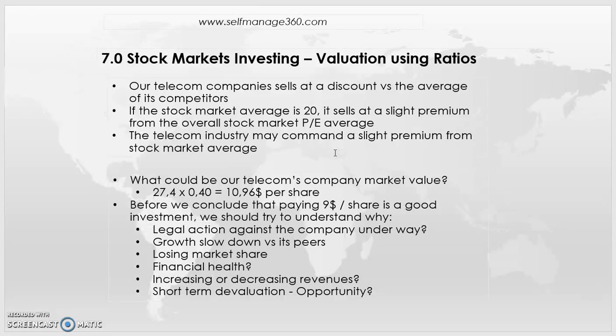So if we've done our job, looked at the profitability and financial health, and we end up with the potential option to purchase the stock at a discount, then obviously we should feel comfortable. I think that paying the average of its peers is not a bad thing.